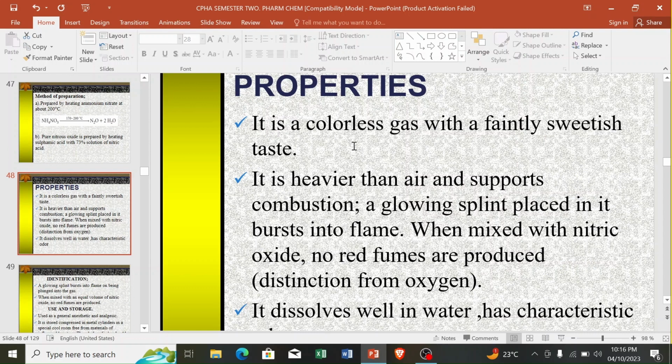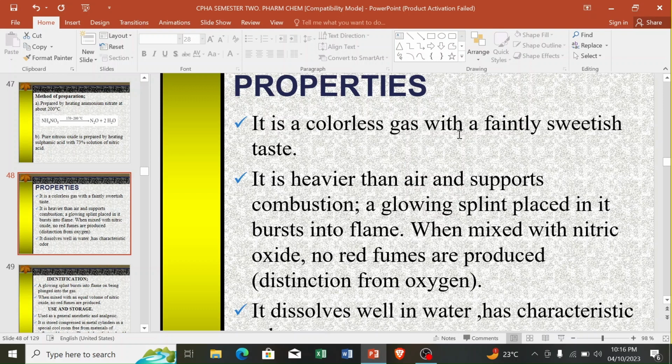Nitrous oxide is a colorless gas with a faintly sweetish taste. So here we see that it has a sweetish or sweet taste. It is heavier than air and supports combustion. So you find that nitrous oxide is heavier than air and it can support combustion. Supporting combustion means it aids burning, like how we looked at oxygen in group 6 elements of the periodic table.